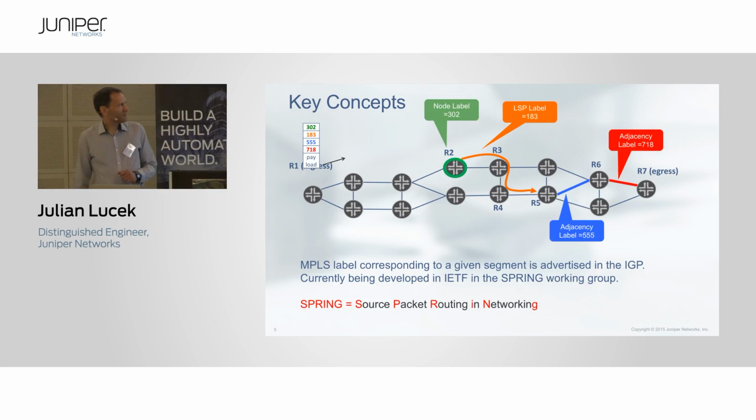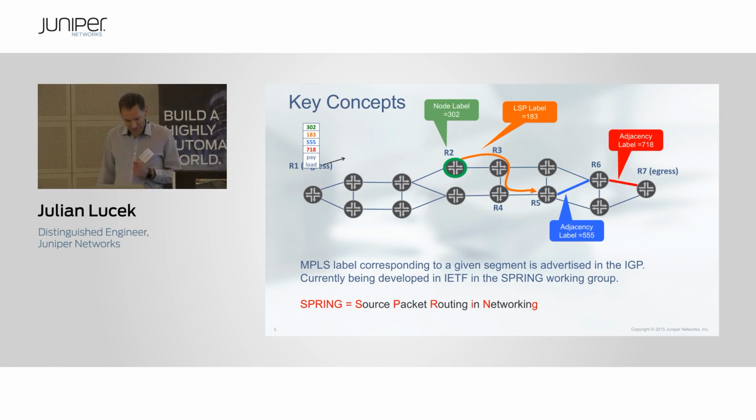And so in order to make the traffic go to R2 via the shortest IGP path, we use a node segment associated with R2. And so R1 knows that if it puts a particular MPLS label onto the packet, 302, then the next router in the chain will forward the packets along the shortest path towards R2, and each router will do that hop by hop until the packet arrives at R2.